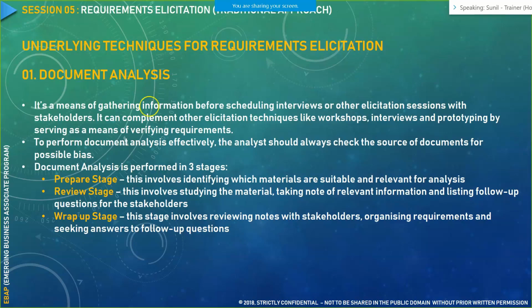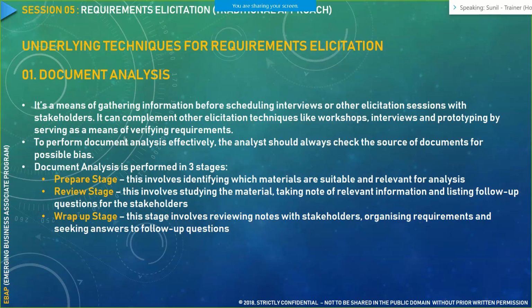Document analysis has essentially 3 stages: the preparation stage, the review stage, and the wrap-up stage. What happens in the preparation stage? Here, we identify what are the relevant documents that we would be needing in terms of doing the requirement elicitation. For example, you want to conduct an interview with a business stakeholder.